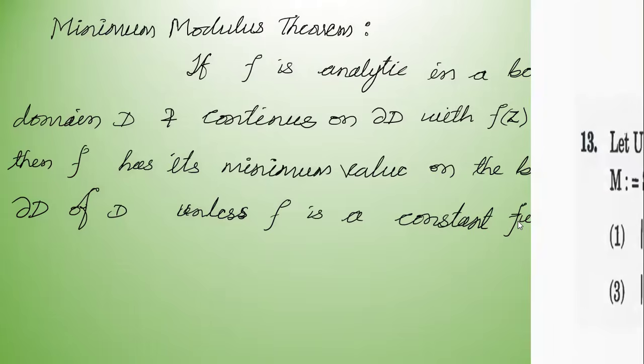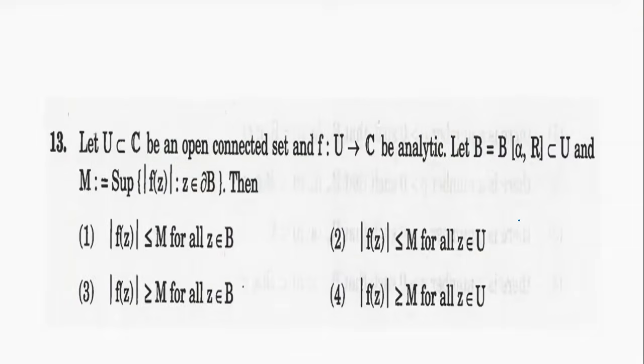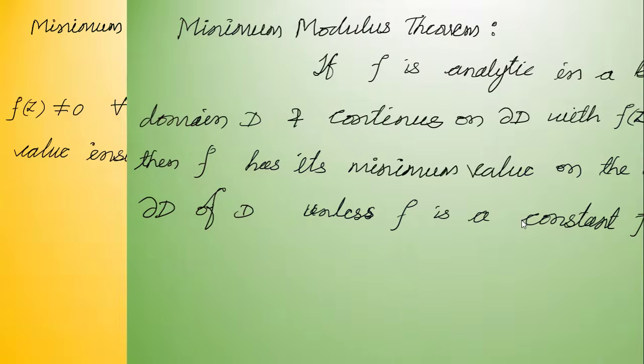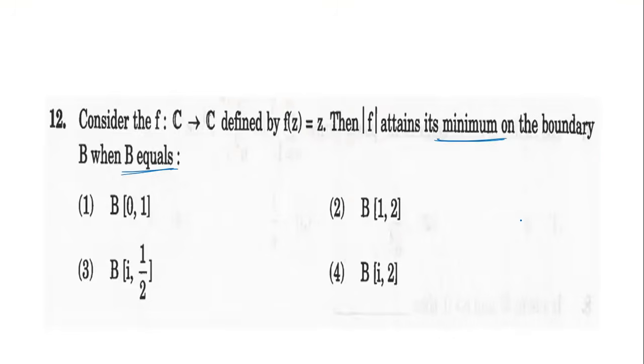Now see the options. If we put the given f of z is equal to z, f of 0 is equal to 0. We cannot take this, since here we want the minimum value.